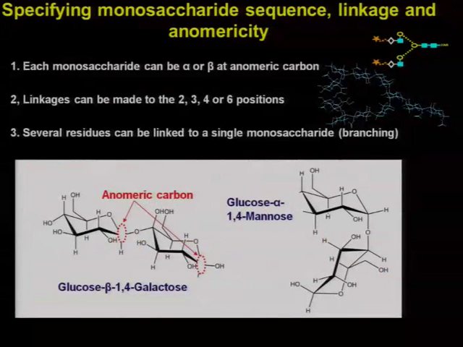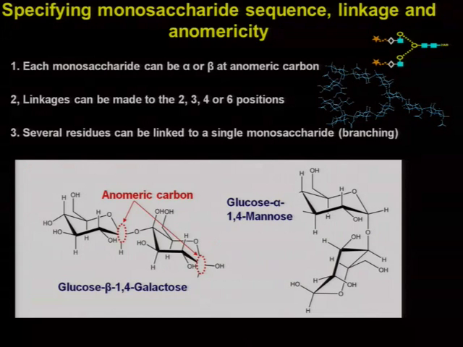So, as I say, understanding the real structure of the sugar requires you to know monosaccharide sequence, because you have to know the anomericity, whether this linkage is going above the plane of the ring or whether it's going to be below the plane of the ring, and that gives you the alpha linkage or the beta linkage. This is a beta linkage because it's above the plane of the ring. And you also need to specify which hydroxyl group is actually taking part in the interaction.